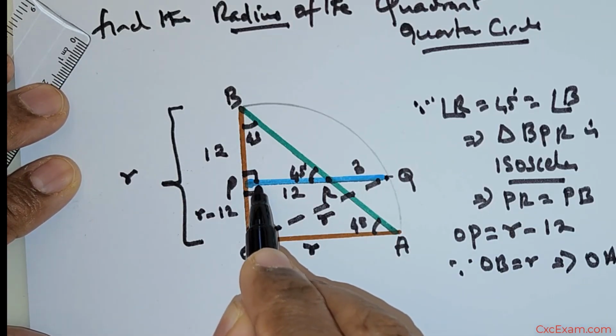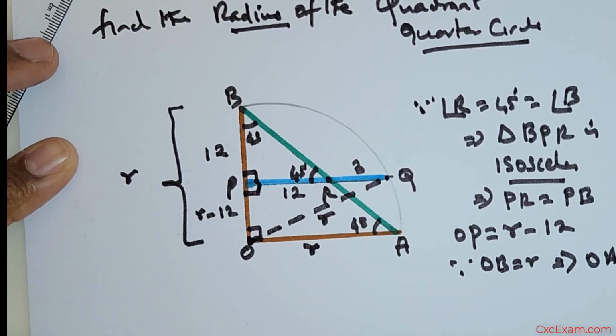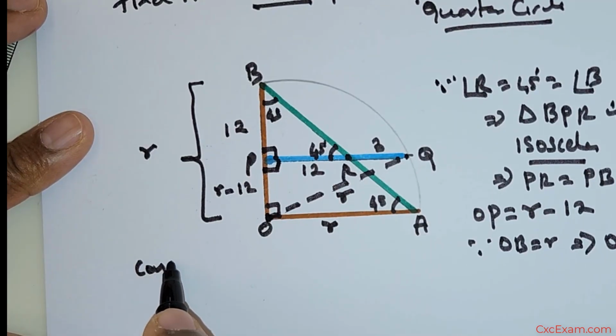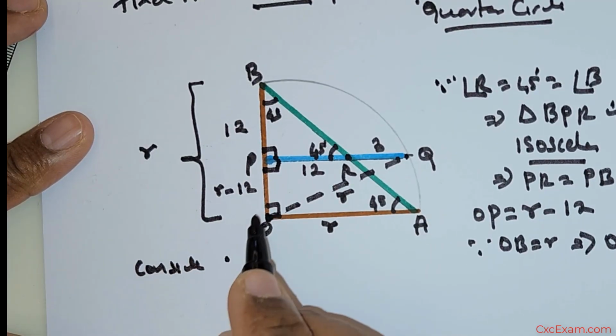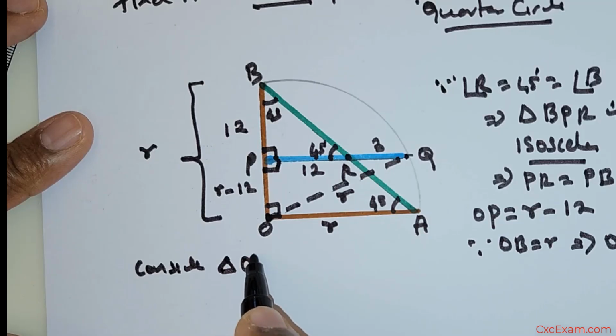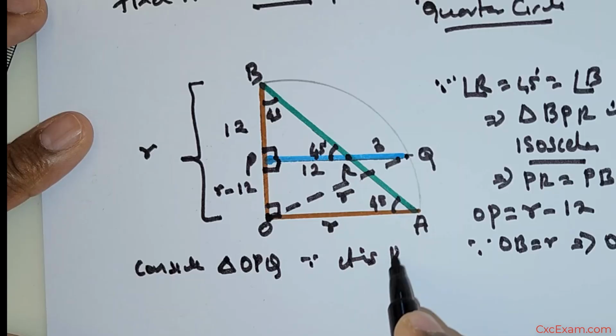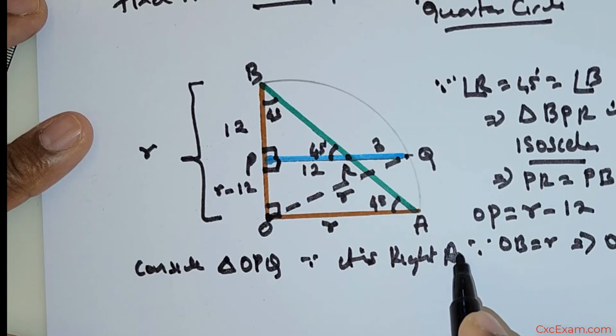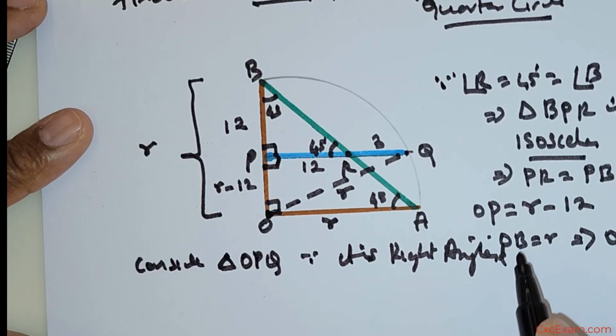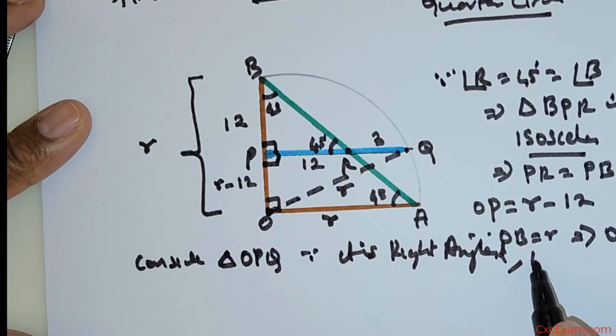And clearly this is going to be 90 degrees. So what I would do is I would consider triangle OPQ, since it is right angled, I will use Pythagoras. We can use Pythagoras.